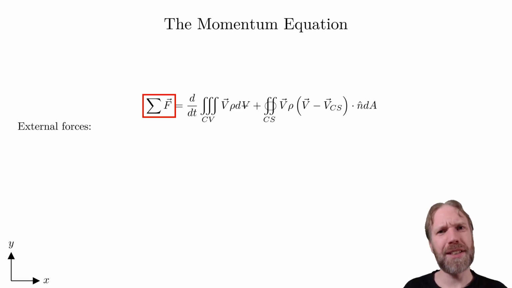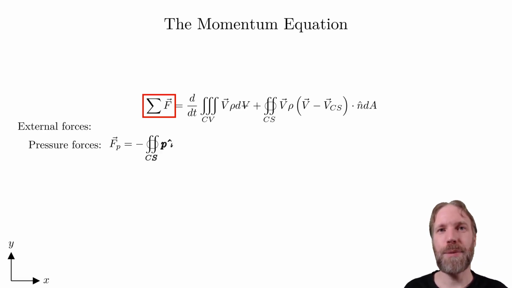So, what can be an external force acting on a control volume? One force we used earlier is the force from the pressure. We showed in the beginning of the video that the pressure force is calculated by integrating the pressure over the surface. Here we should use the entire surface of the control volume.